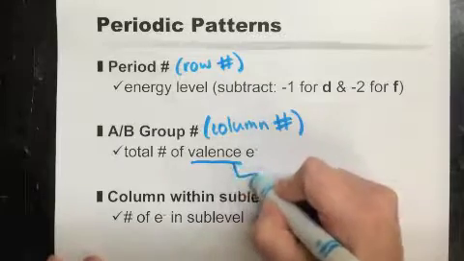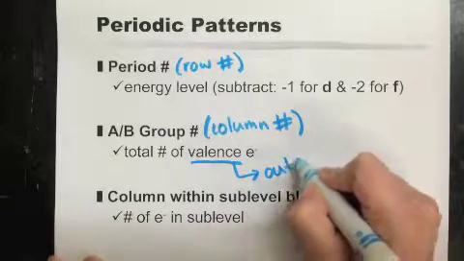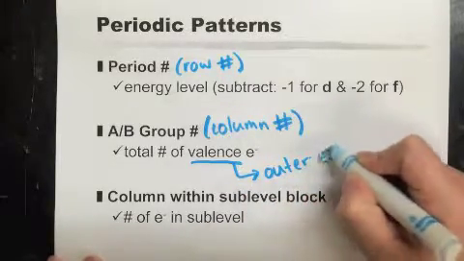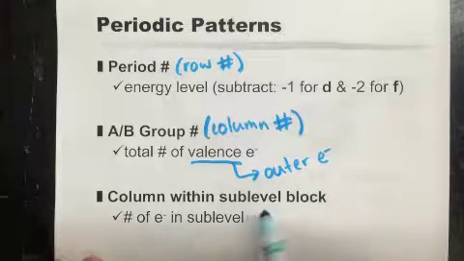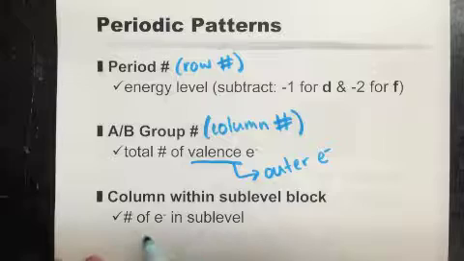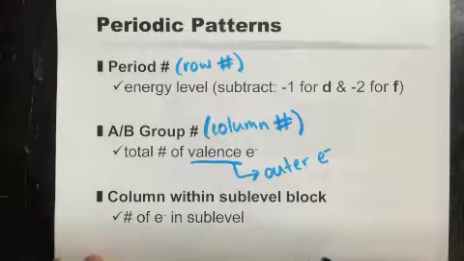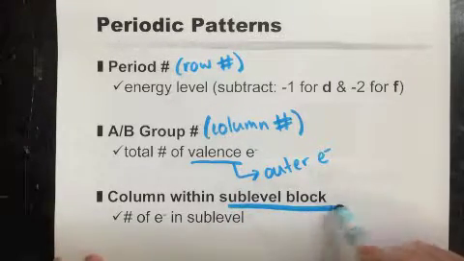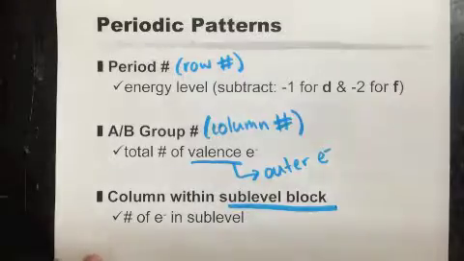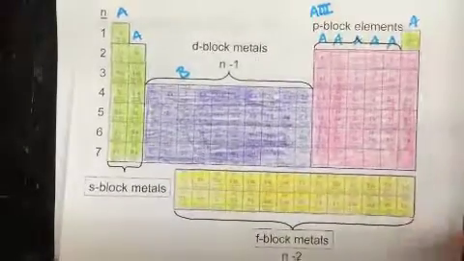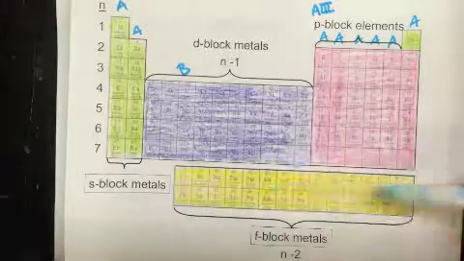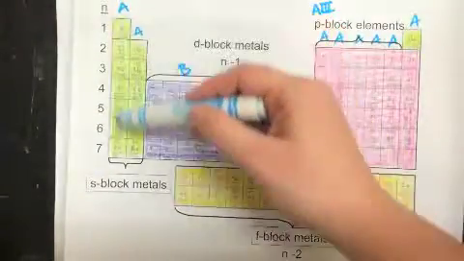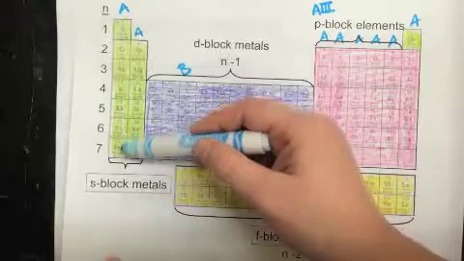Now, valence electrons means your outer electrons, the ones that are on the outermost energy level. The column within the sublevel block is the number of electrons in that sublevel. So the sublevel block is where you have the different colors here. So this is sublevel S, D, P, and F. So this is the first column in the S block.